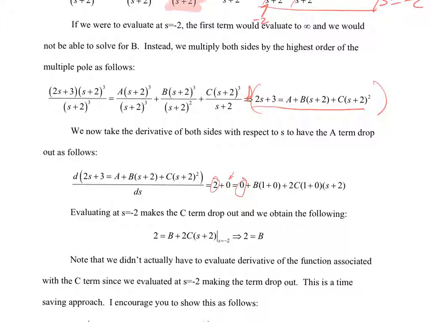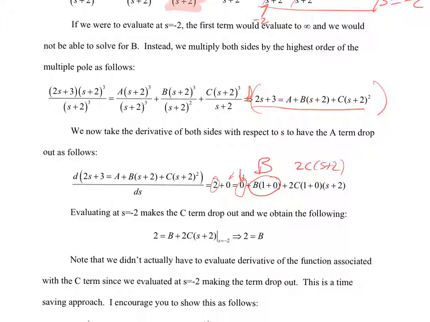For my B term, I now take the first derivative of B times s plus 2 with respect to s. It's just going to be B times 1. What do you know? I'm left with B. My A is gone. And the other nice thing about taking the derivative is look what happens here. I've got 2 times C times s plus 2.